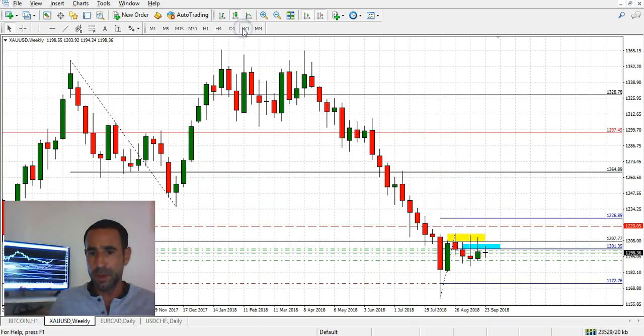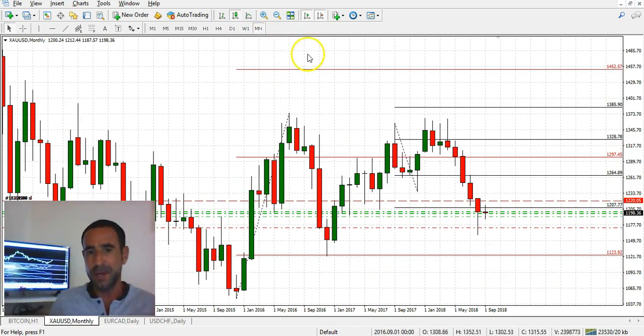Now, from the longer-term perspective, let me show you what happened here, which is why I believe price should continue on the downside. Now you can see this particular level, the 1207. Take a look at the close we had here just last month, right? Now that close below the 1207 suggests that this level was broken.